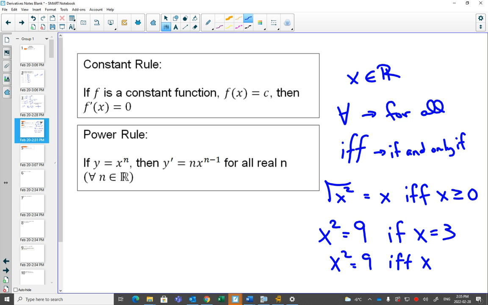This is true. This is not true. Okay? So that extra f is super important in some cases. There's a good example of where one if is still true, but the if and only if would not be true.